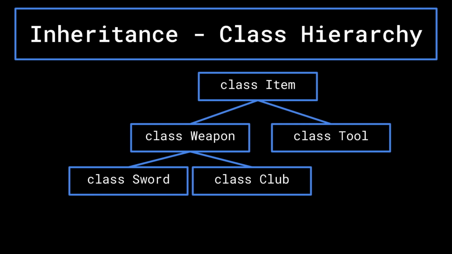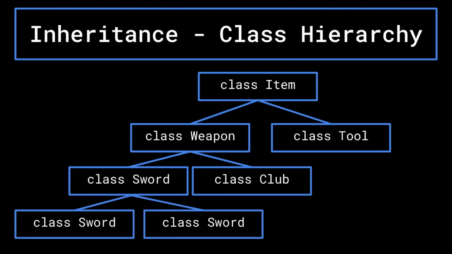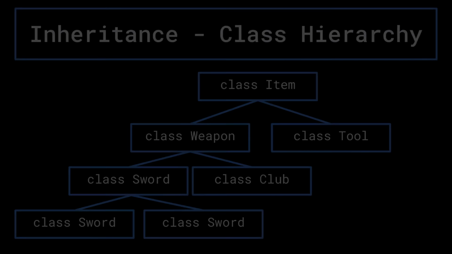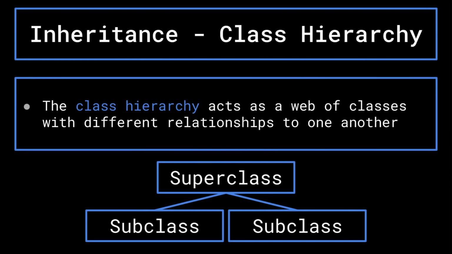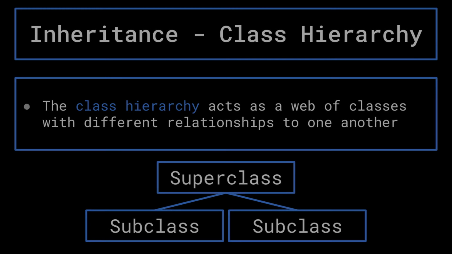Additionally, you may include a wider variety of weapons than just swords and clubs, as well as multiple types of swords that would require different behaviors and thus their own subclasses. When you are writing object-oriented code, many of the classes you create will fit somewhere in the broader class hierarchy, which acts as a web of classes with different relationships to one another.